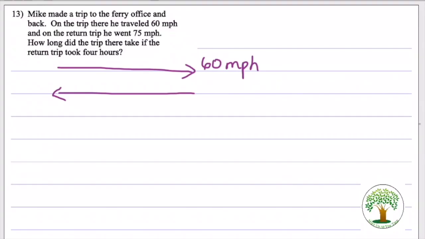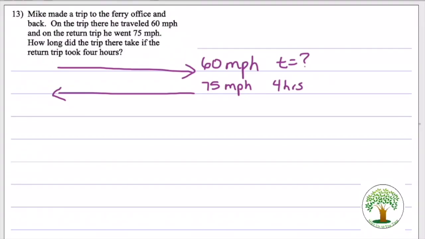Go ahead and write this down, I think it's going to be helpful for you. How long did the trip take if the return trip is 4 hours? So I'm going to put over here 4 hours. And we don't know T up here, so I'm going to put T equals question mark. That's what we're looking for. You could call it X if you want, but I usually use the letters T and R.